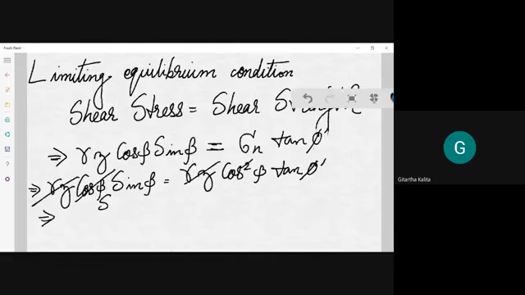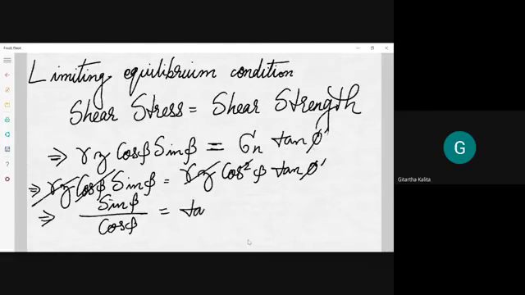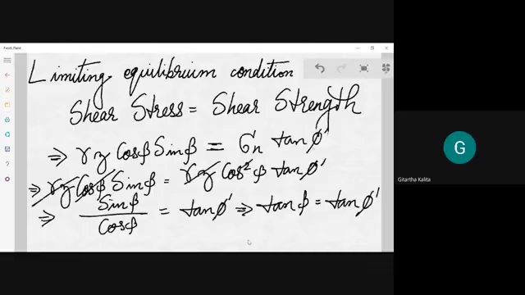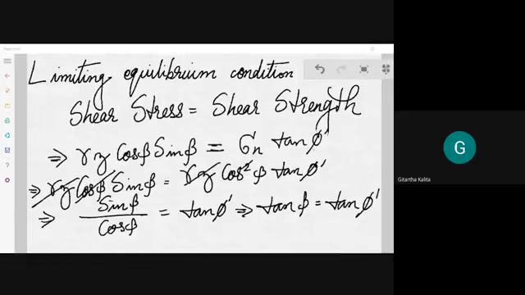So we can write sin beta by cos beta is equal to tan phi dash. This implies tan beta is equal to tan phi dash. I hope there is no confusion with this solution. Simple solution we have done. So tan beta equal to tan phi dash we have got. This is for the equilibrium condition.